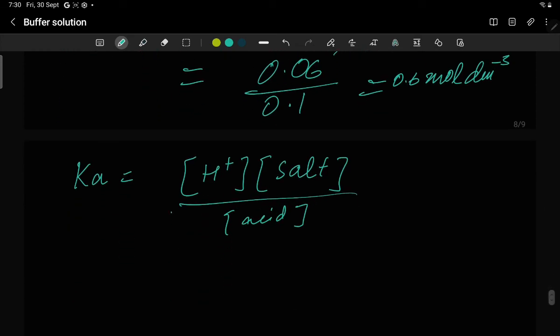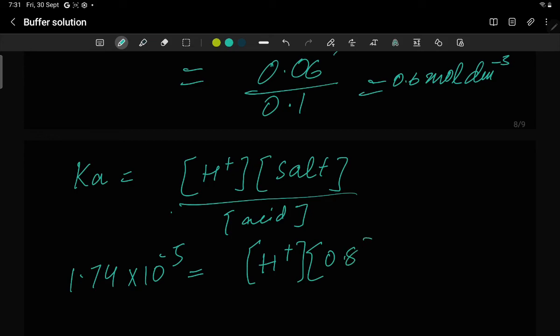So Ka is equal to hydrogen ion and salt divided by acid. So Ka, 1.74 into 10 raised to minus 5, is equal to H positive into 0.8 divided by 0.6.